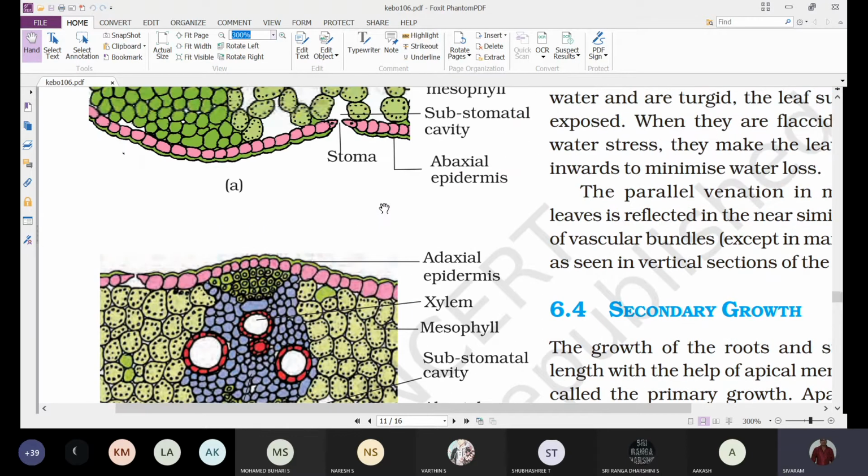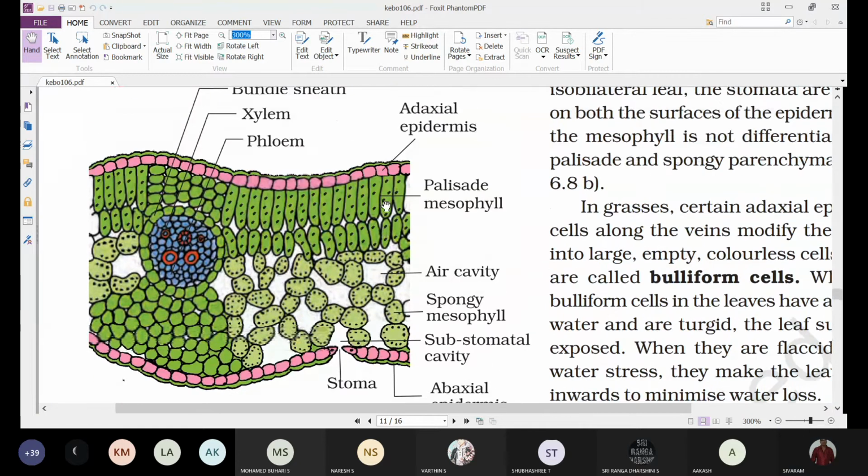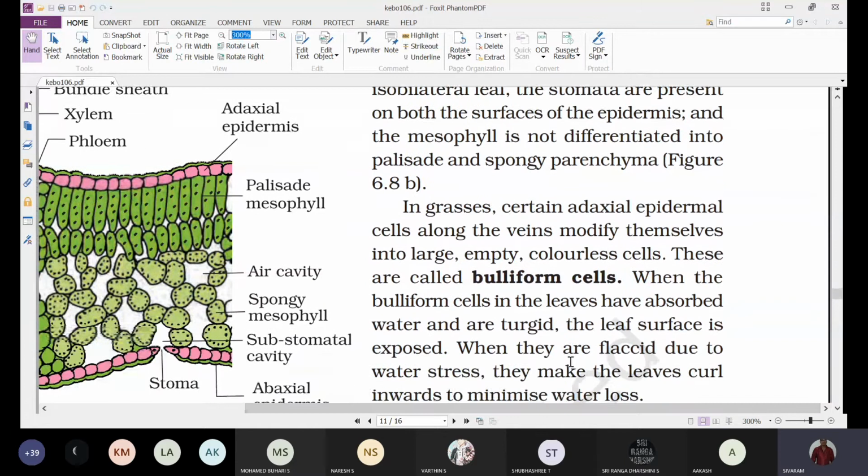This is the difference we can observe with reference to dicotyledonous leaf with that of monocotyledonous leaf.